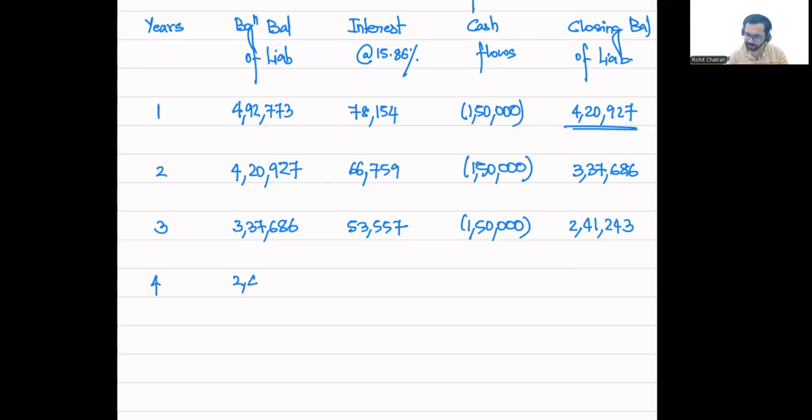That will become my beginning balance for year 4. 2,41,243 multiplied by 15.86 percentage will be the interest for year 4, which will be 38,261, less 1,50,000 of payment, and my net liability will be 241,243 plus 38,261 less 1,50,000.